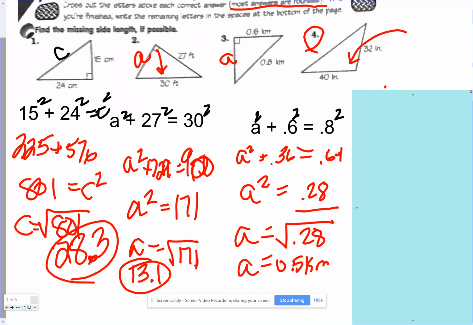We're looking at this and saying, we cannot figure out that missing side because we don't have enough information. So this is one of those that is not possible. Not possible. All right, let's turn to the next one. Question number 5.